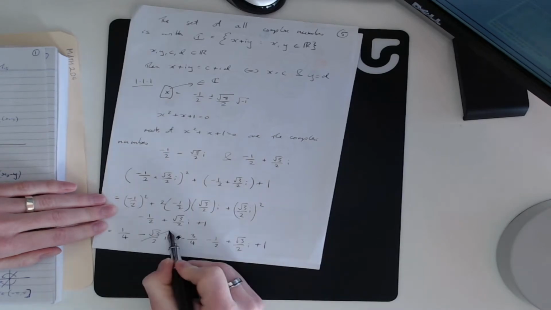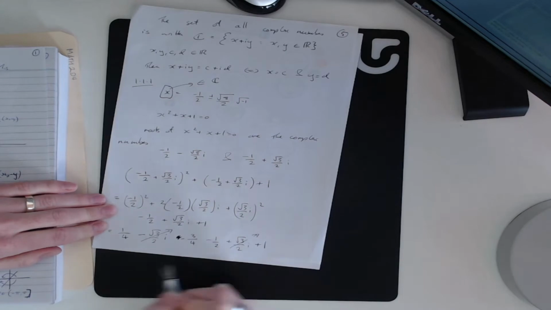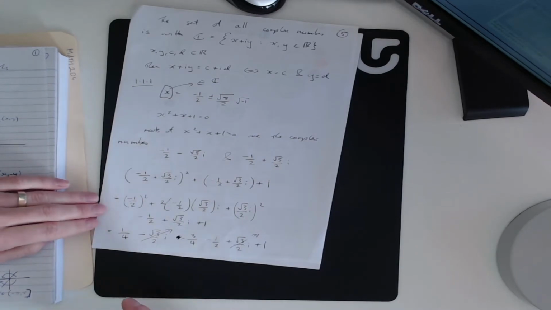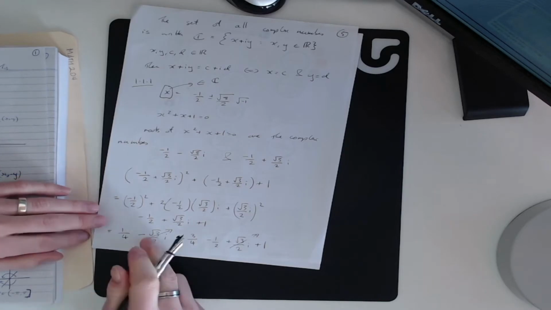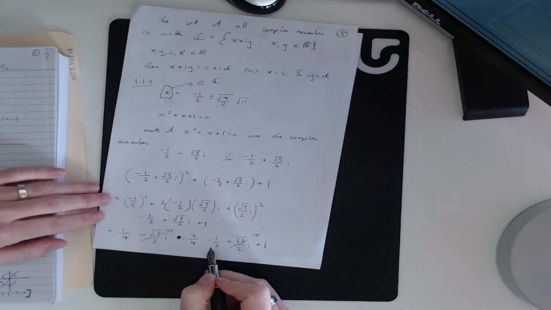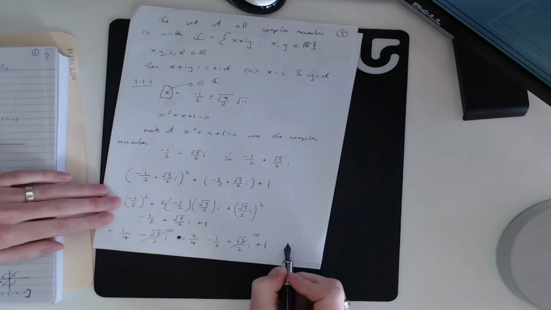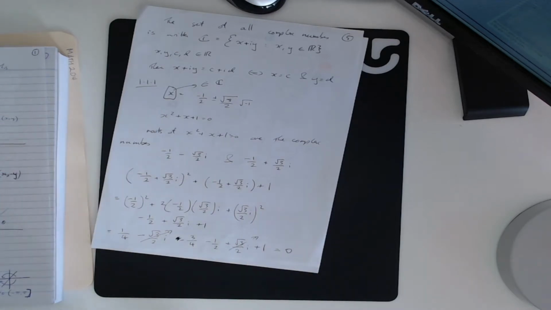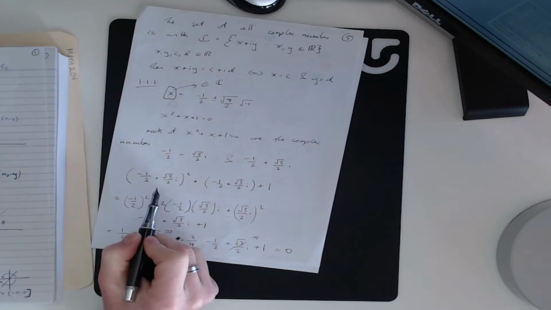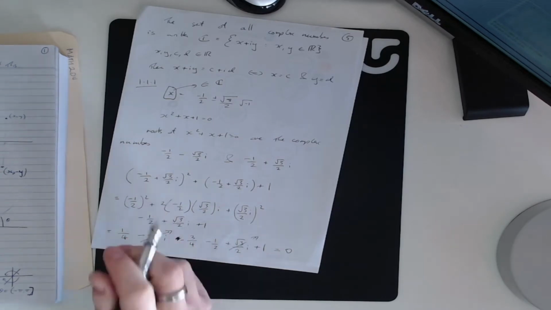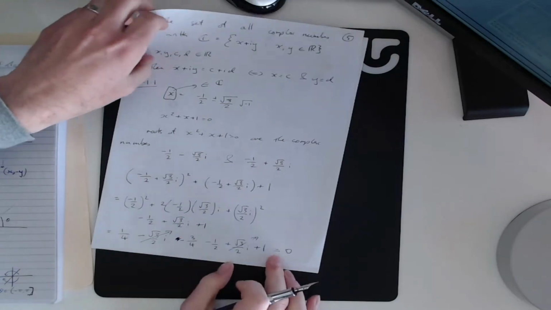So the two complex bits cancel out, and then we're left with this. 1/4 minus 3/4 is minus 1/2. Minus 1/2 gives us minus 1, plus 1 gives us 0. So it does work. And don't worry, we'll go through the details of exactly what that calculation is as we go through. Try it out for the other root. See what happens.